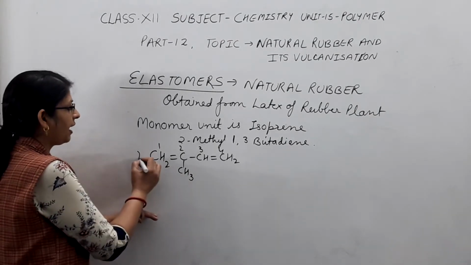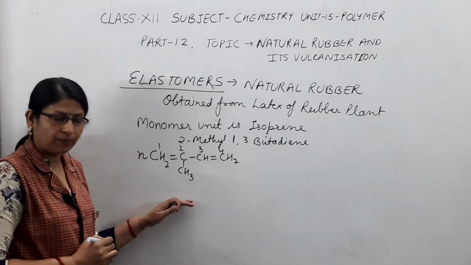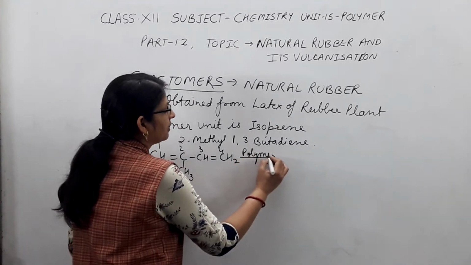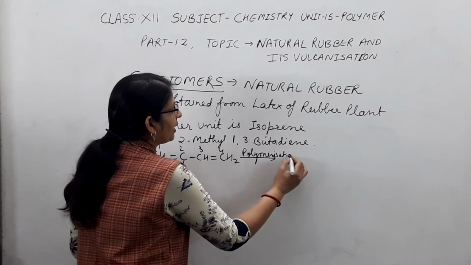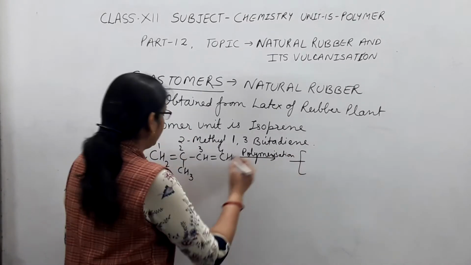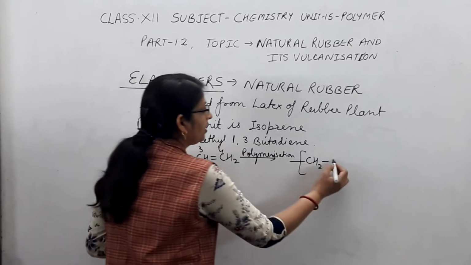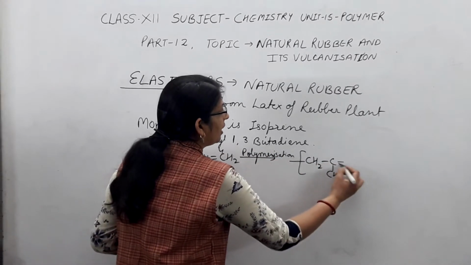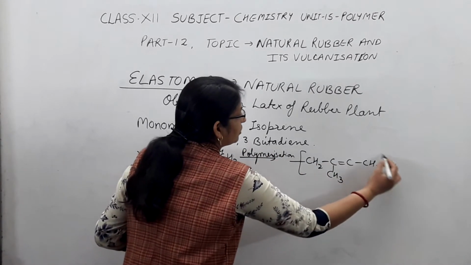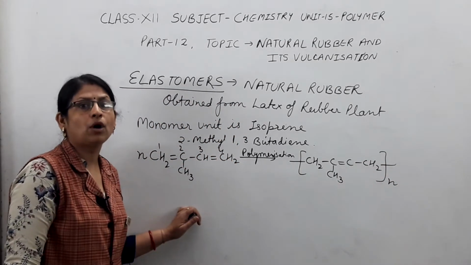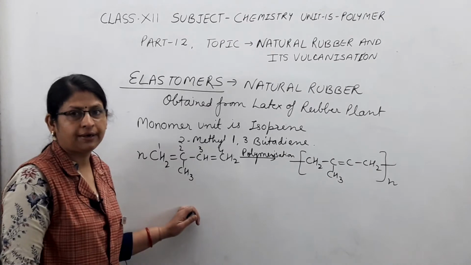When we take n units of isoprene, polymerization takes place, and after polymerization it combines: CH2 double bond converts to single bond, CH3 double bond CH2, we close the bracket with n. This is the polymer of natural rubber.